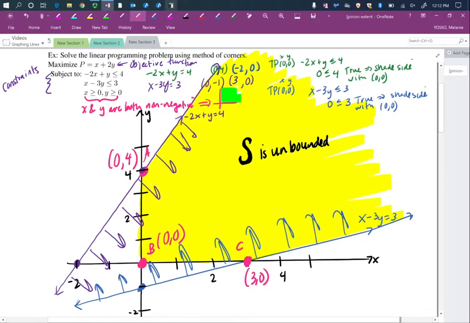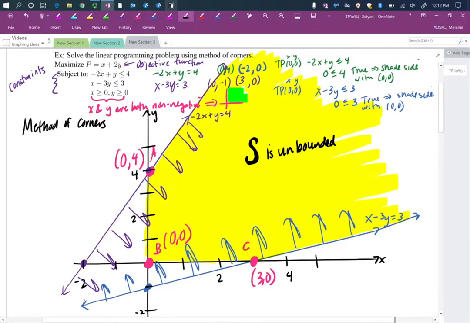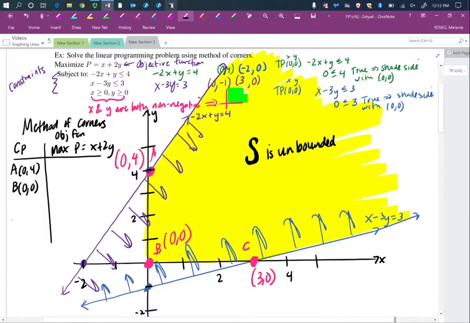Now we're going to do the method of corners. We're going to put our corner points in this column of our chart, and the objective function over here. We are going to maximize P equals x plus 2y. Our corner points were A, which was (0, 4), B was (0, 0), and C is (3, 0).